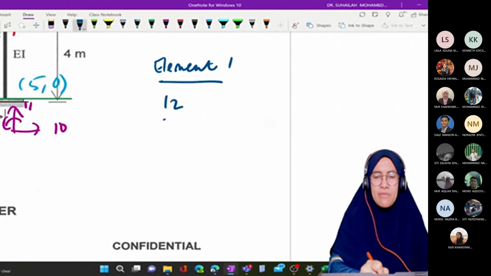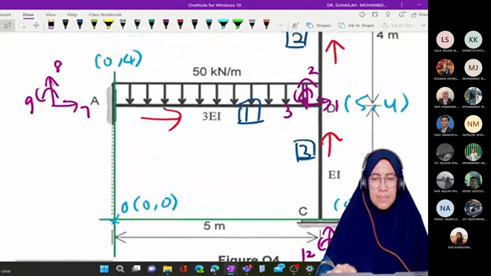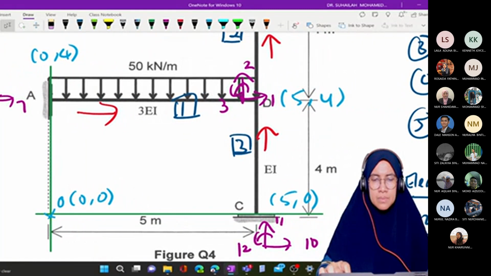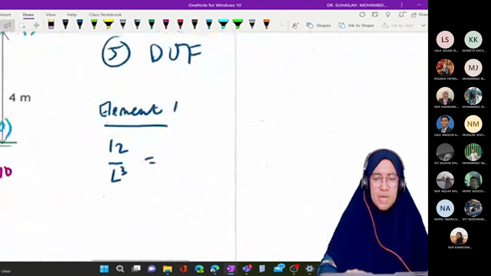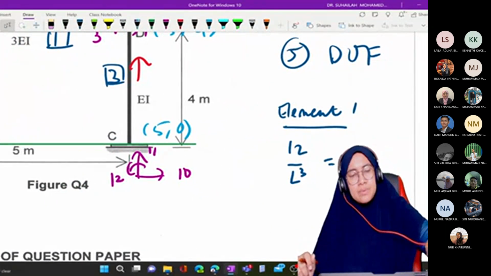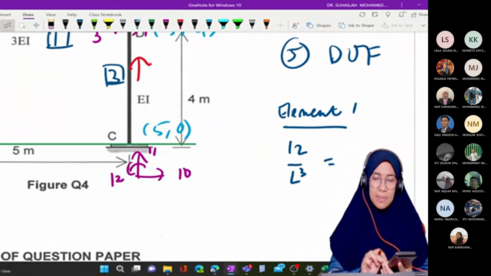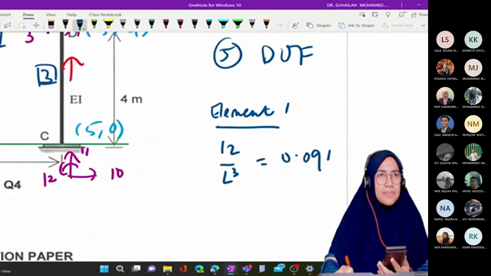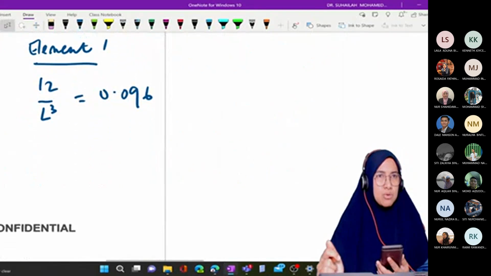Remember, just now it is 12 divided by L cubed, where L is 5, which gives 0.096.